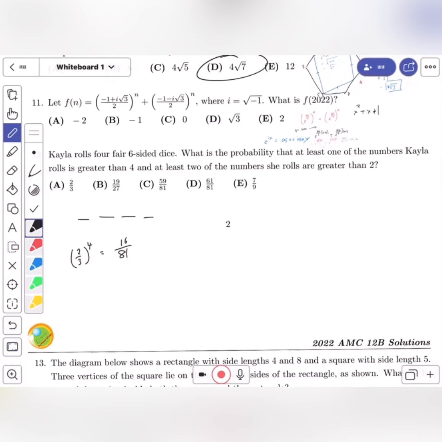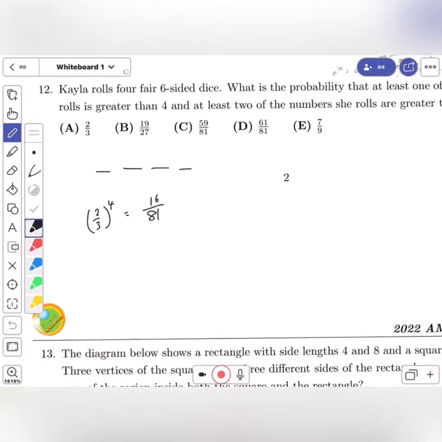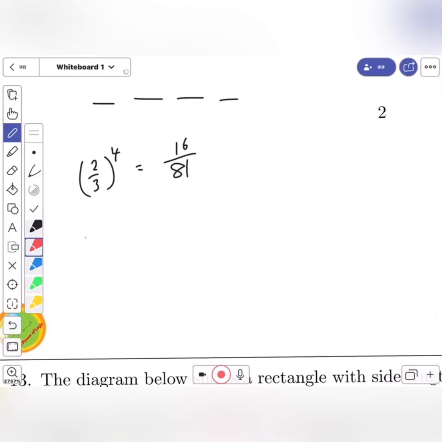Well, if less than 2 of the numbers she rolls are greater than 2, then this basically means that she either has one number that's greater than 2 or no numbers that are greater than 2. In the case there's only one number greater than 2, we have 4 places, so we have 4 choose 1. 4 choose 1 place for the number to be greater than 2, and 3, 4, 5, 6, so it's going to be 4/6.